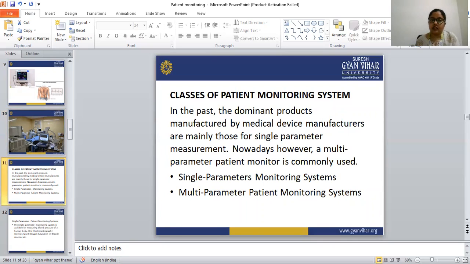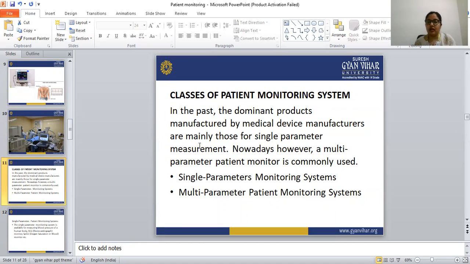Let's see the classes of the patient monitoring system. In the past, the dominant products manufactured by medical device manufacturers were mainly those for single parameter measurement. There are lots of single parameter measurement machines available in the market, such as the BP machine and the sugar level checking machine.